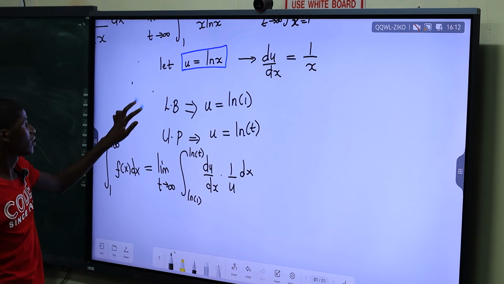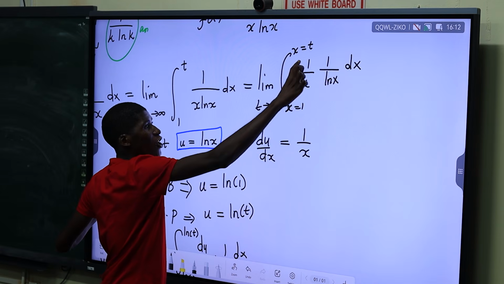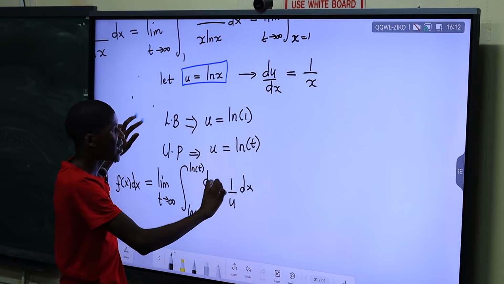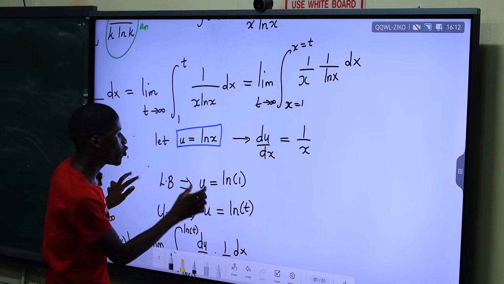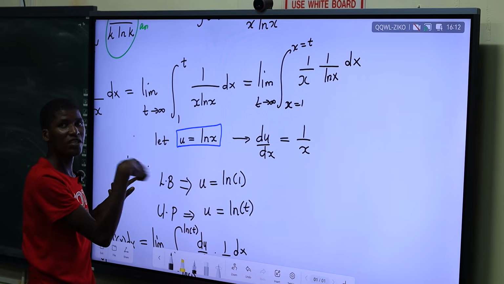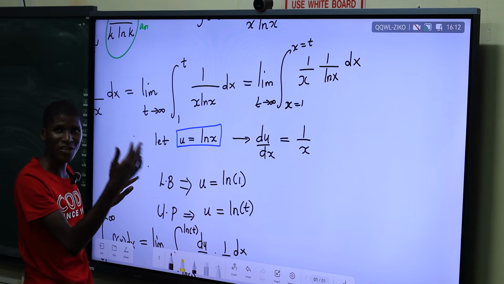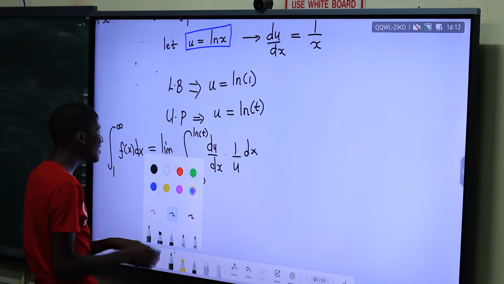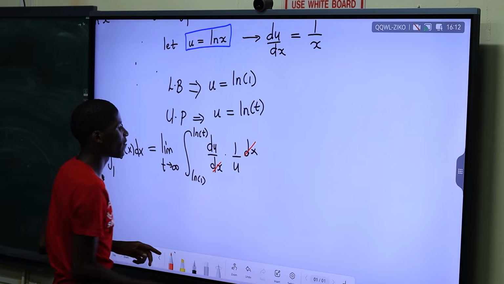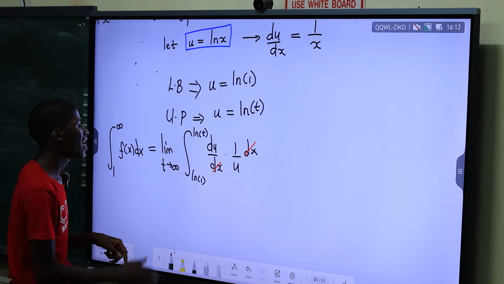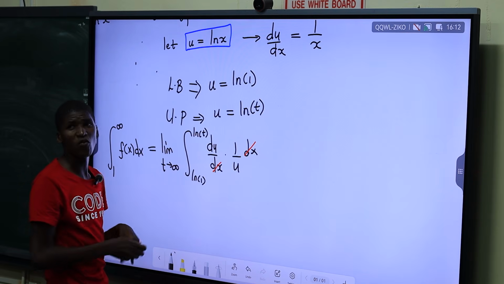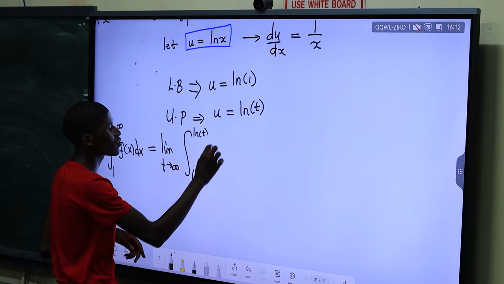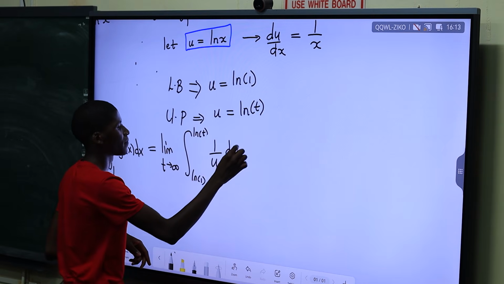You see, another dx. This 1 over x will be replaced with du dx. Then this ln x will be replaced with u. Because remember, we're transforming our integral to be a u integral rather than an x integral. So automatically the dx and dx will fall off, such that here you've got 1 over u du. So I'd like to write it like this: this is 1 over u du.